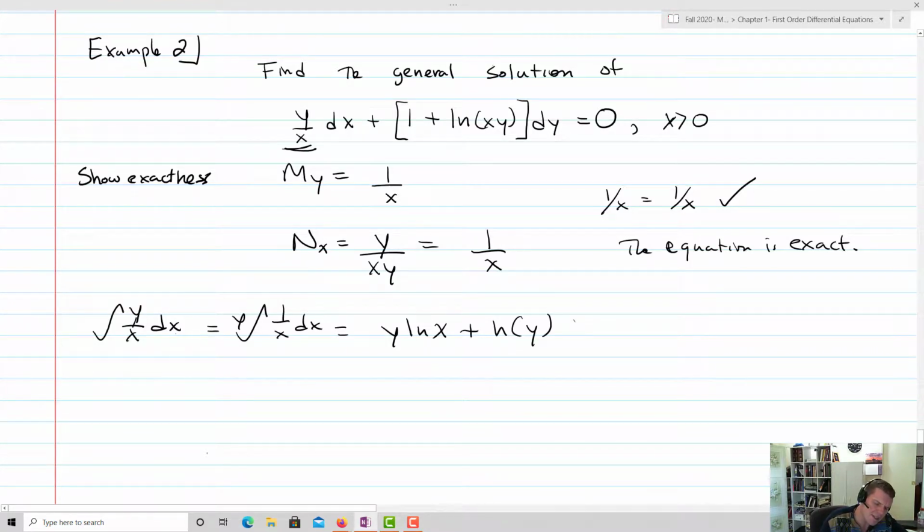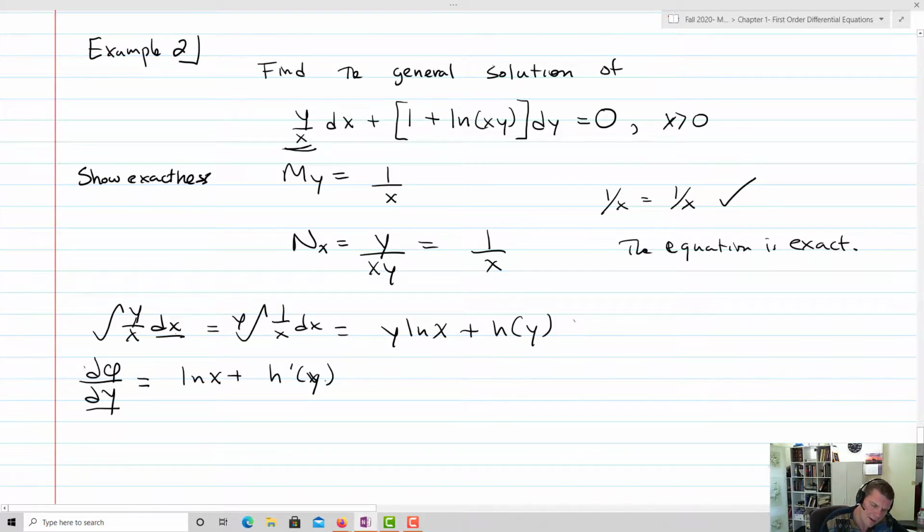So now I'm going to take the derivative. I want to find d phi dy, pardon me. We took the integral with respect to x, now we're going to take the derivative with respect to y. This is going to end up equaling the natural log of x plus h prime of y.